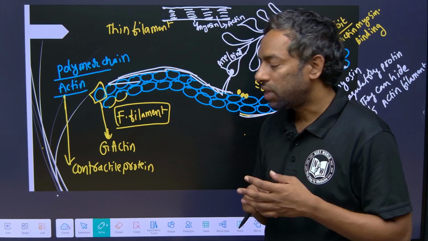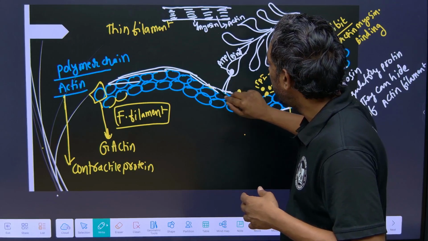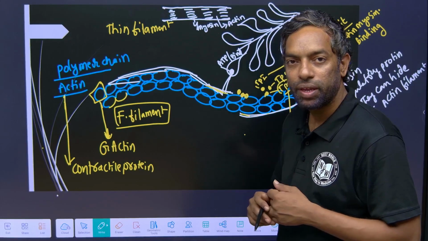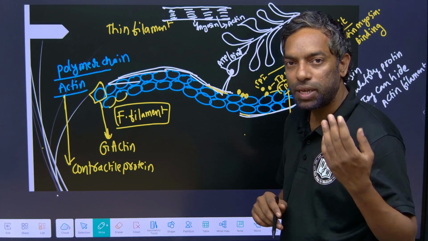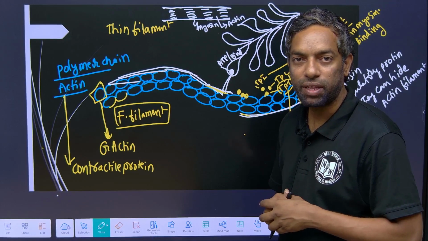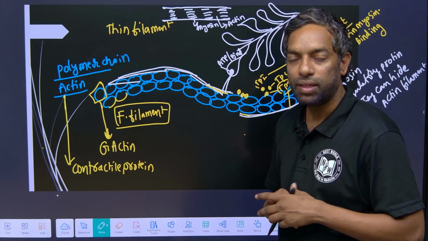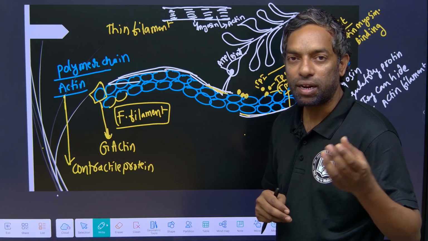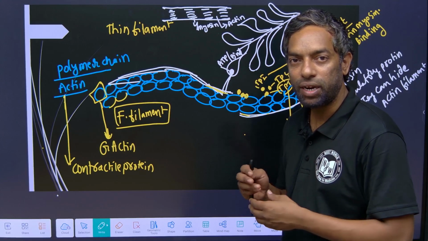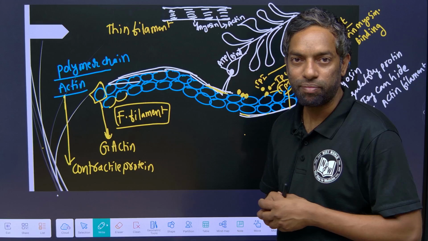TPT gives the proper place to the tropomyosin in the actin filament. TPC releases calcium ions for the muscle contraction. This is all about the contractile and regulatory proteins involved in muscle contraction.